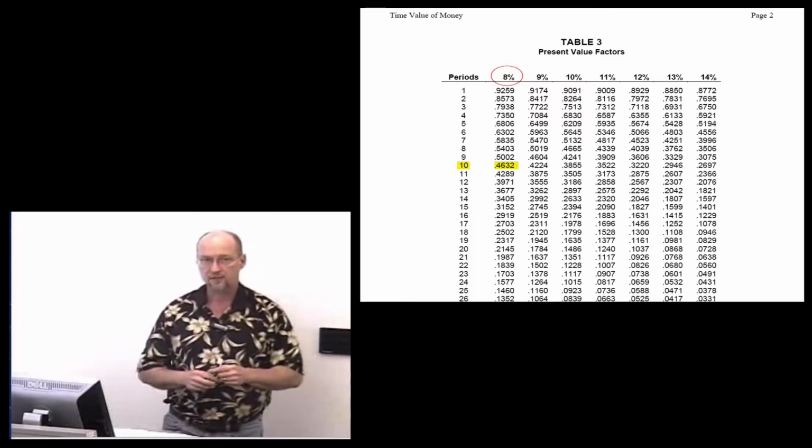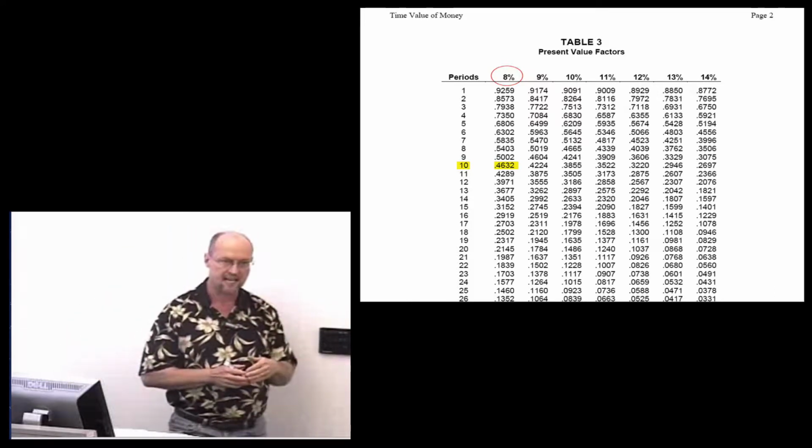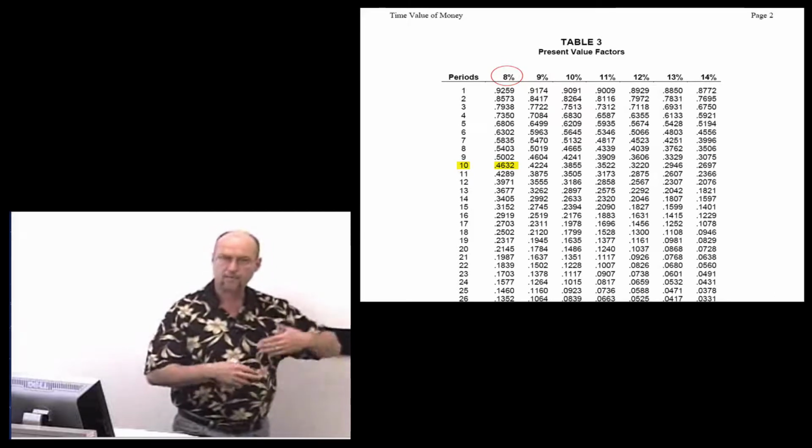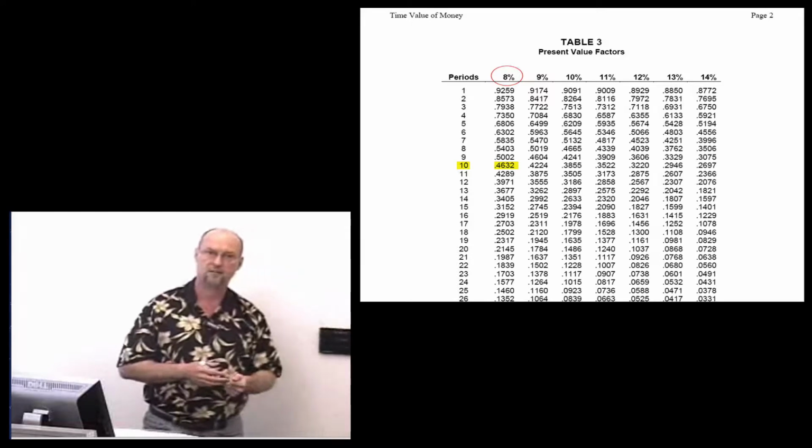What that means is if I invest $46,320 today, and I can earn 8% interest compounded for 10 years, I'll have $100,000 10 years from now.